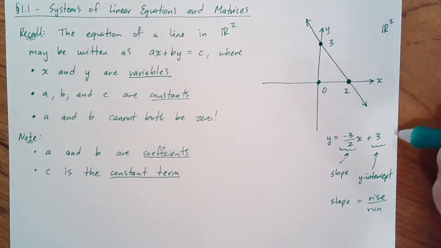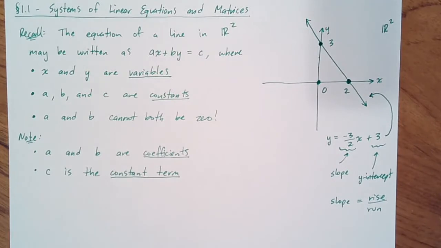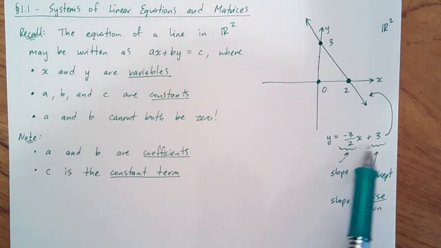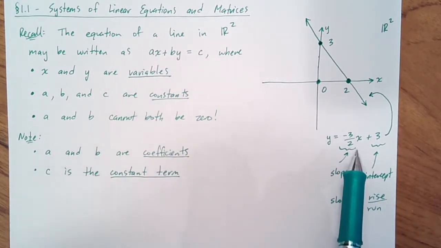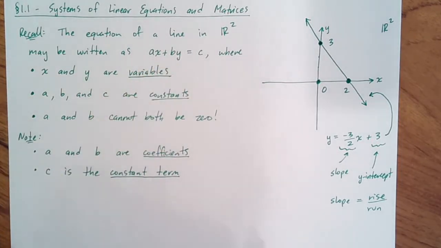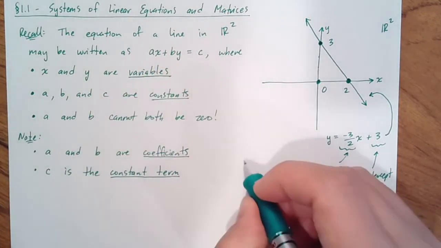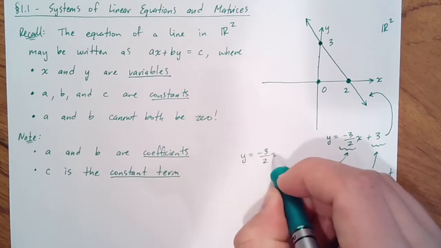So this equation really generates that line. And you might say, well, this doesn't really look exactly like this form, but you could certainly take this line and write it in this form. There's nothing wrong with doing that. How would I do that? Well, I could start with y equals -3/2 x plus 3.